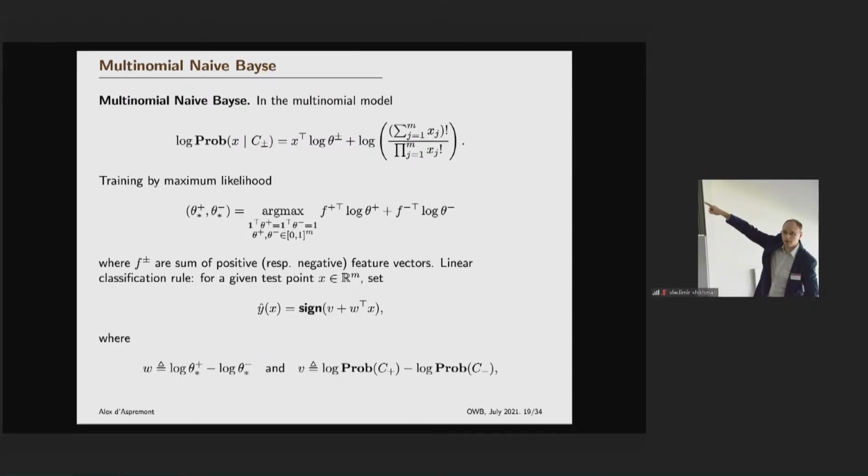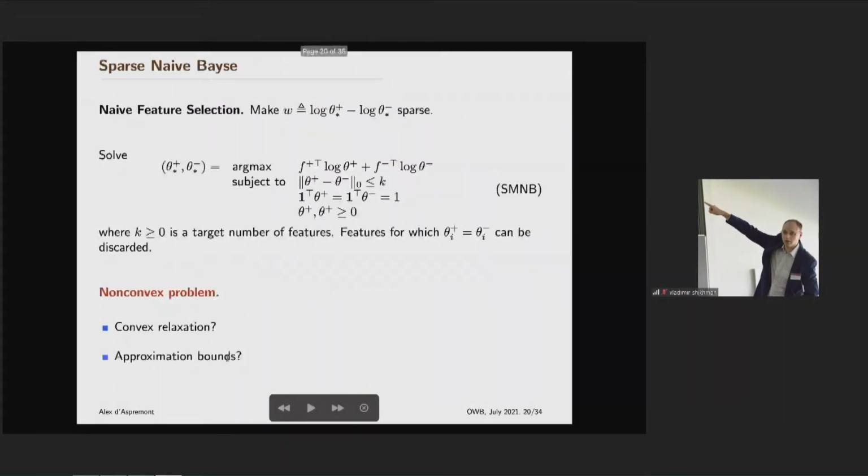You just try to find a vector w that has a large number of coefficients equal to 0, meaning that you solve this maximum likelihood problem while imposing that a lot of coefficients of theta plus and theta minus are equal. So this is what the sparse version of naive Bayes looks like.